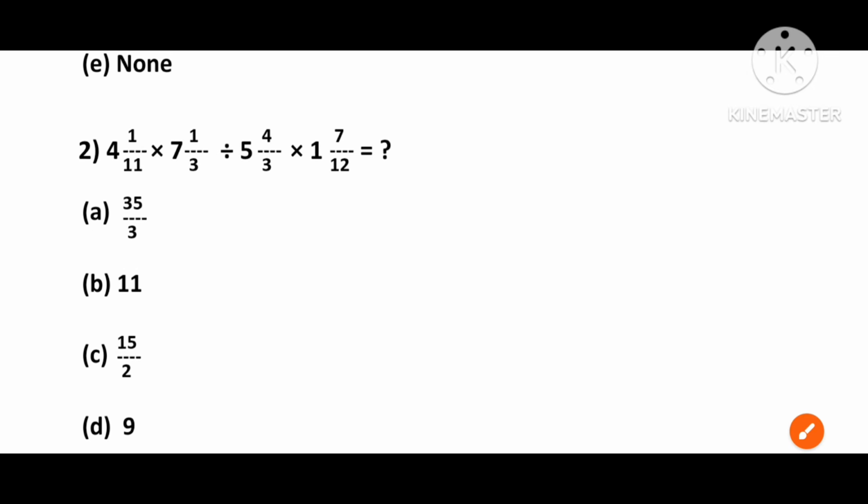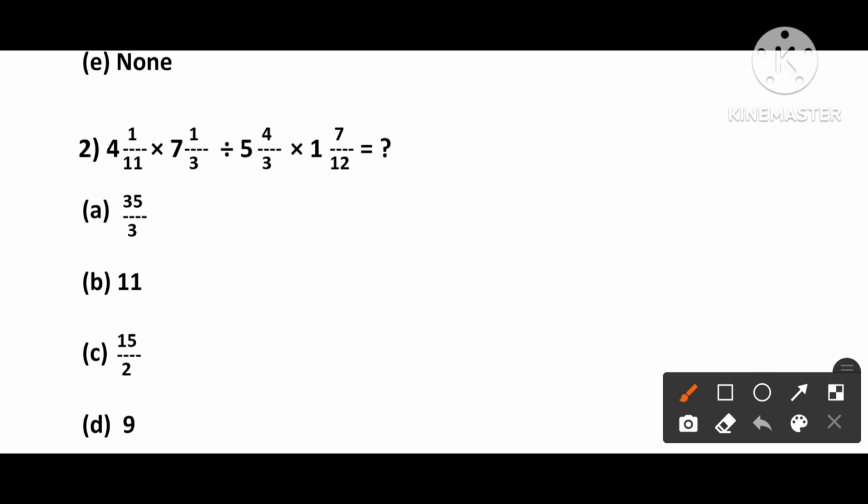Next, second question. Let's solve this one. Here 4 1 by 7 1 by 11 means 45 divided by 11 into 7 3 times 21 plus 1, 22 by 3 division.